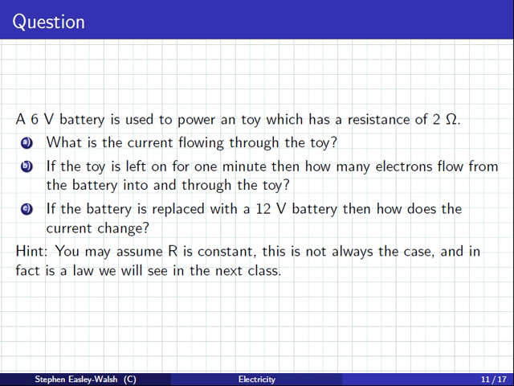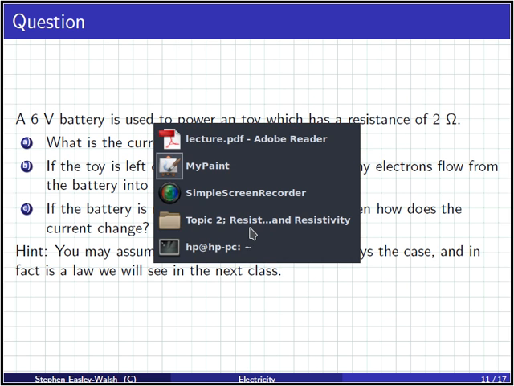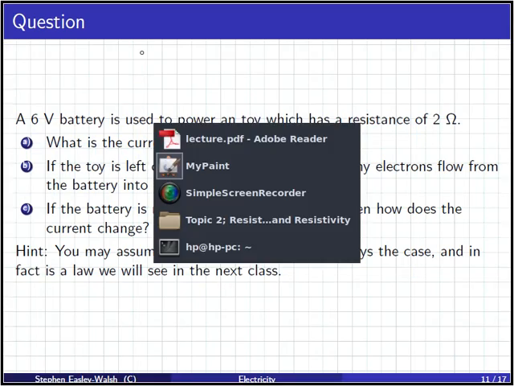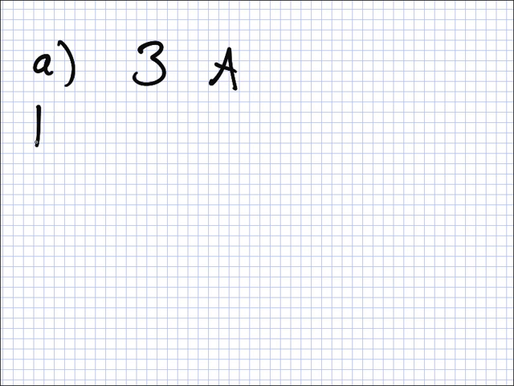Does that make sense? It should be a big number. 1.125 times 10 to the... Okay, let's write that down. A we said was 3 amps, wasn't it?